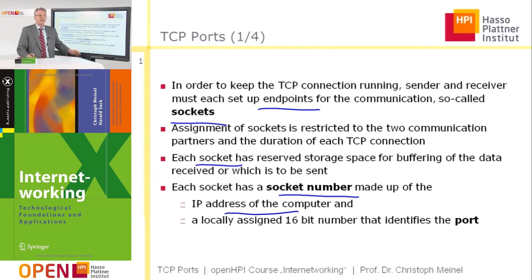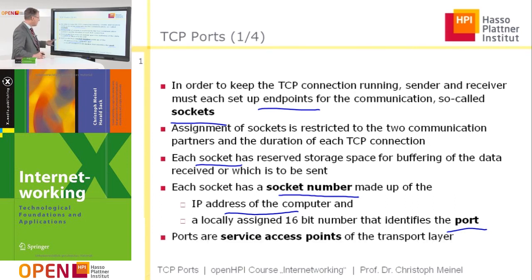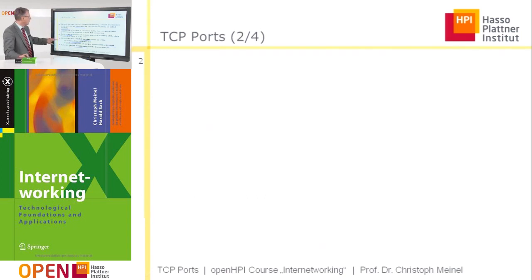And it also contains a locally assigned 16-bit number that identifies the so-called port. So the socket number consists of the IP address of the system and the so-called port number. Port numbers are 16-bit long. The ports are service access points of the transport layer.